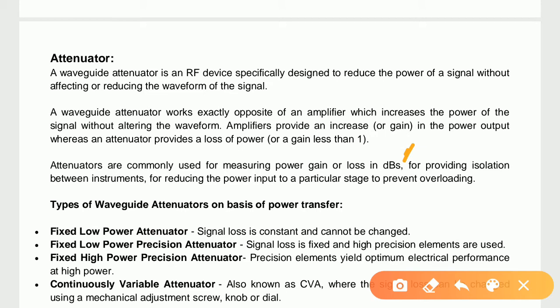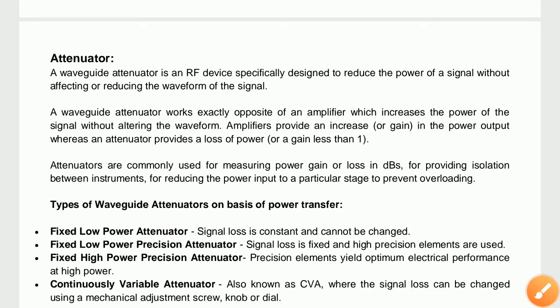So these are the basic important applications, showing how we can use an attenuator in the various power stages during the transmission of microwaves.